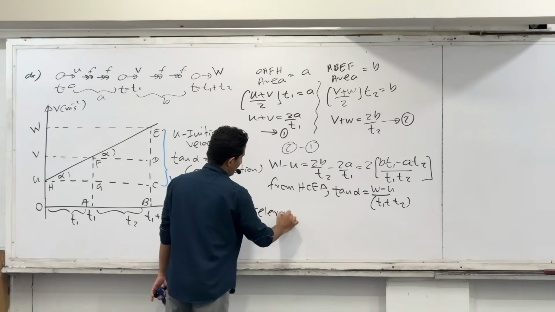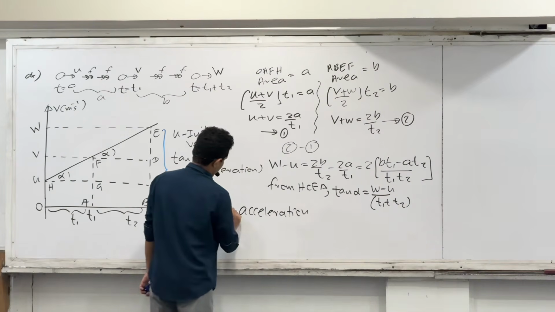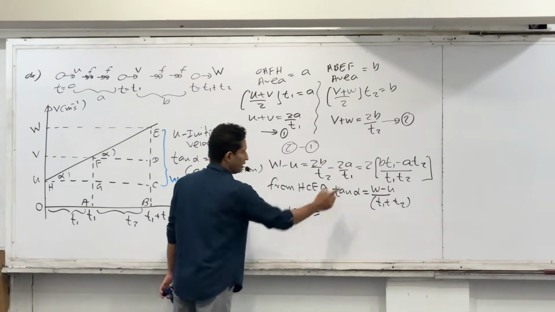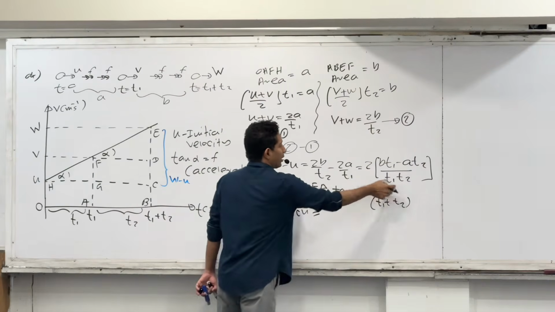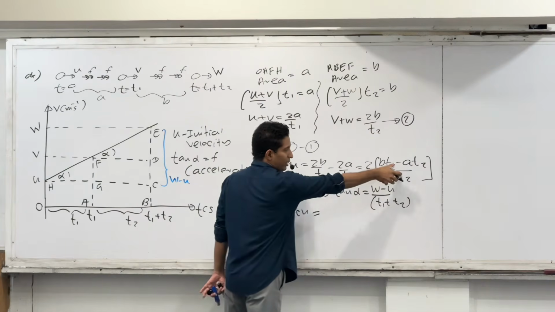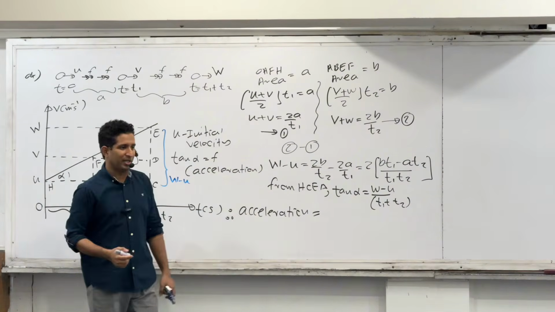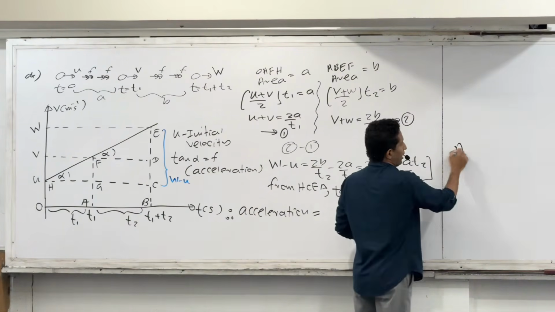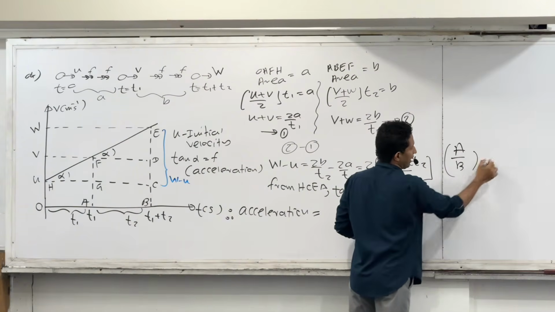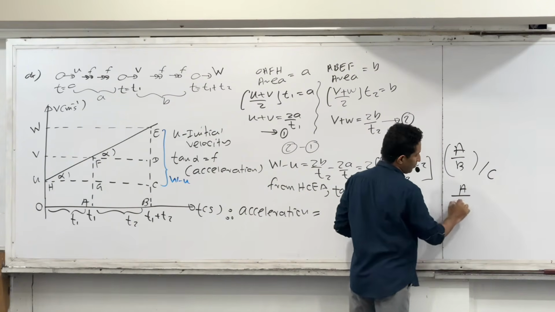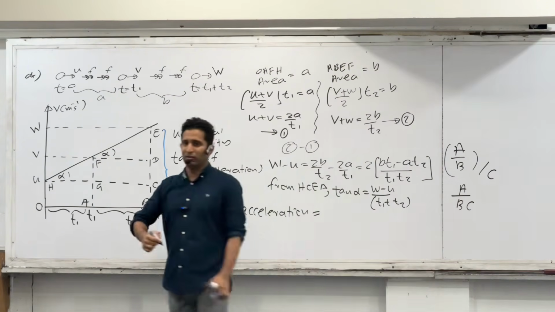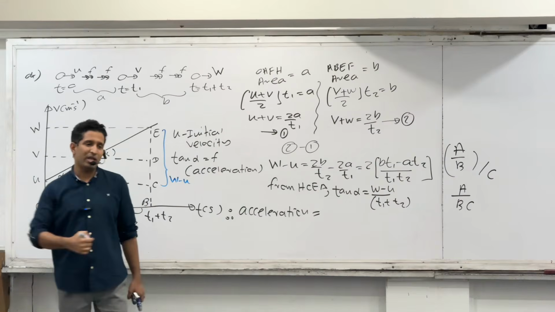Therefore, acceleration equals, instead of W minus U, you can take this part divided by T1 plus T2. You know that A over B divided by C means A over BC. That's it.